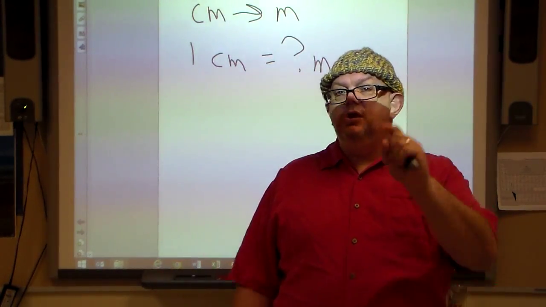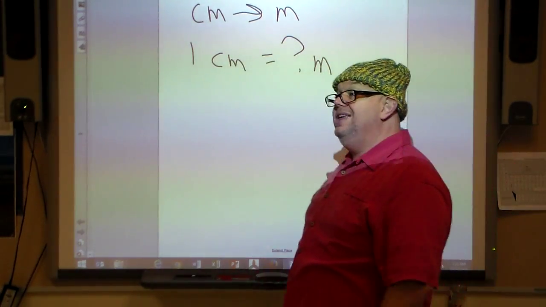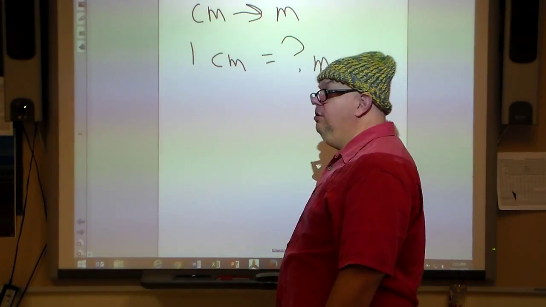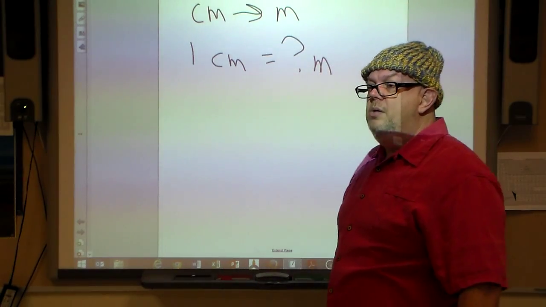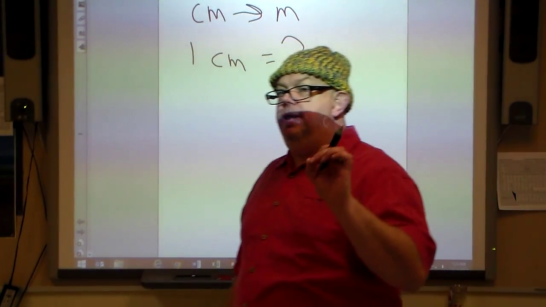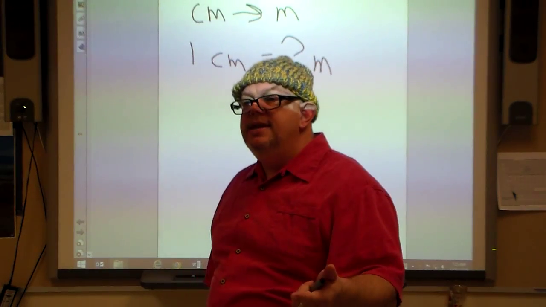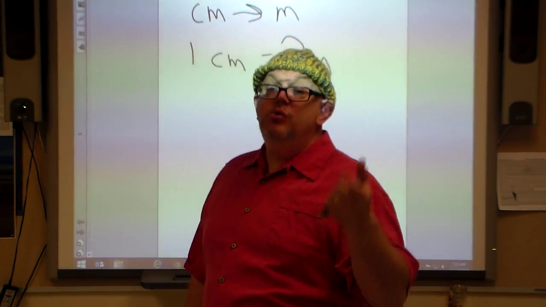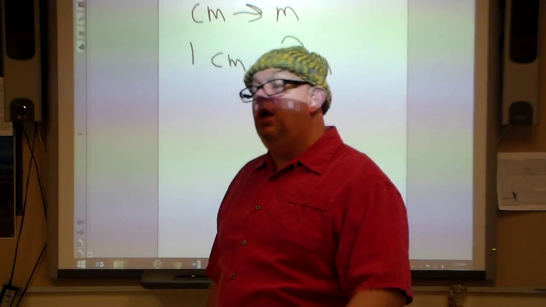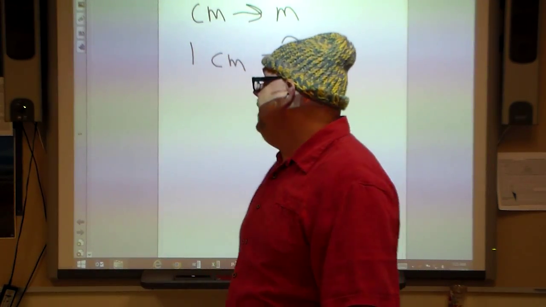Well, wait a minute, here's the question you've got to ask yourself: what is larger, 1 centimeter or 1 meter? Now remember, the meter is your basic unit, so when you have milli or centi, those are smaller units. They'll always be smaller.